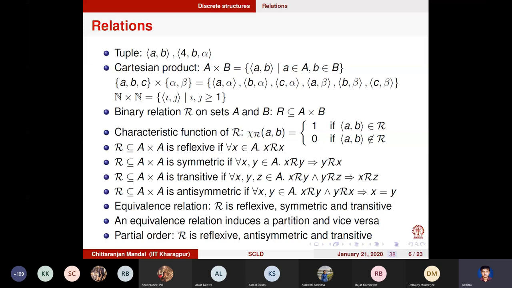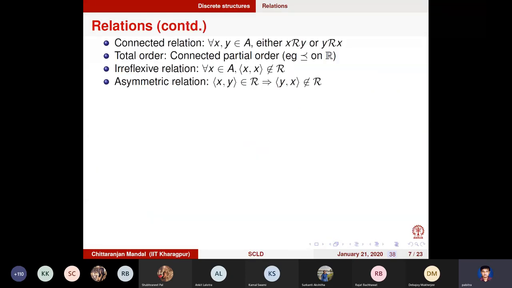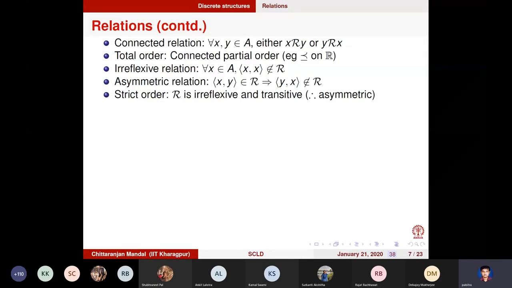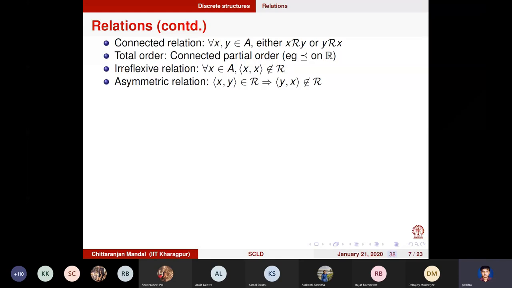Just one more small definition, which we'll use somewhat later. A partial order is often represented by this specialized less than or equal to symbol. Often you don't use R to represent that it is a partial order.